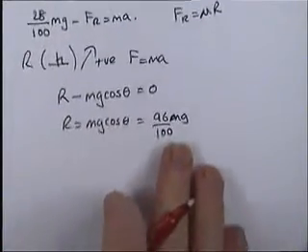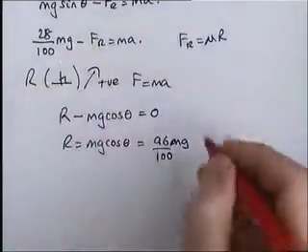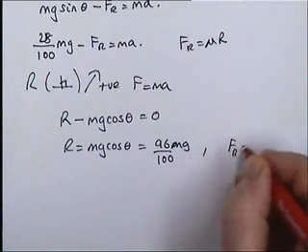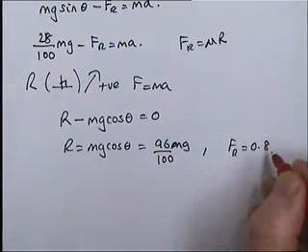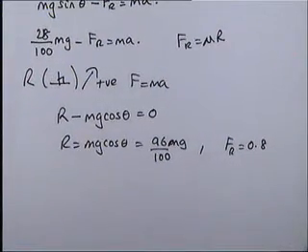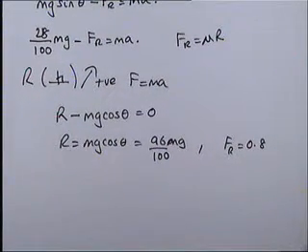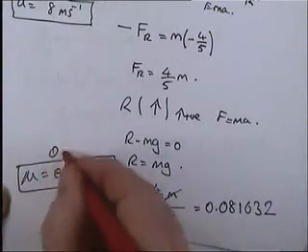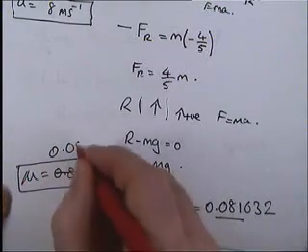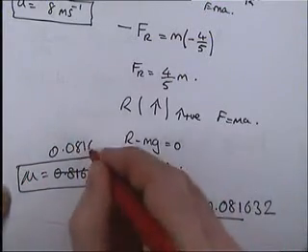So if we now substitute that into the equation F equals mu R, with mu as 0.8, or was it 0.08? 0.08. So I made a mistake when I wrote my answer across on this one. 0.8 was a bit big. It was 0.08. I'm sure you all spotted that.